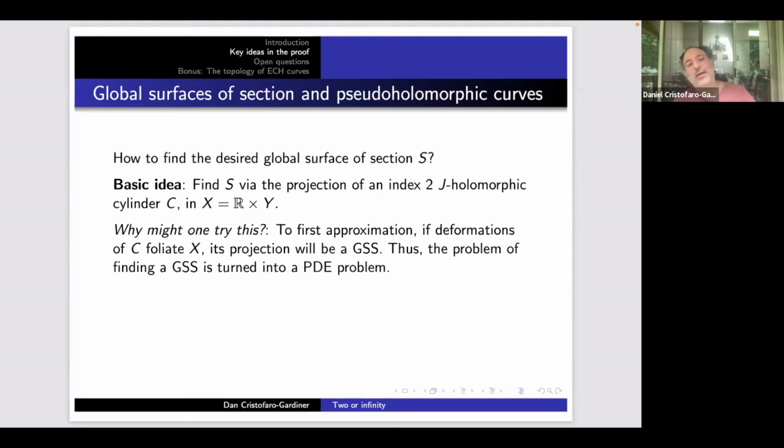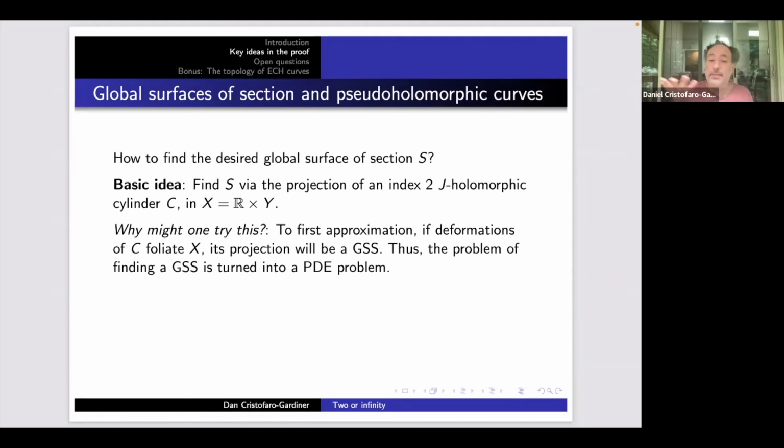But if I just have a general J holomorphic cylinder, that won't be true. And even that was just a first approximation, sweeping some details under the rug a little bit. So if I just have a random J holomorphic cylinder in R cross Y, I'm not going to be able to get much from that.